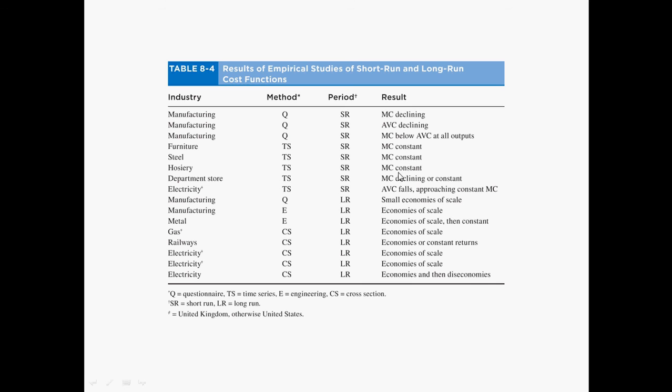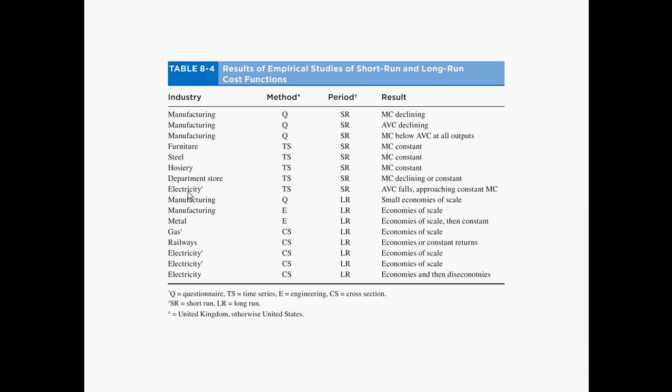But some other industries, furniture, steel, and hosiery, marginal cost is constant. There may still be economies of scale to some extent, because, of course, you also have fixed costs. But furniture, not so many economies of scale.